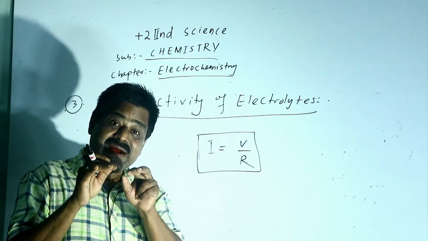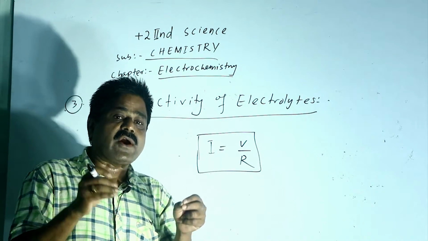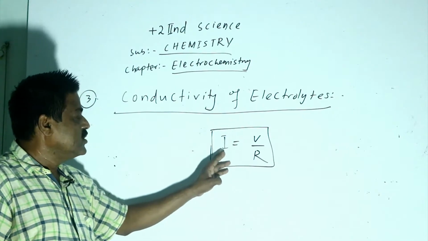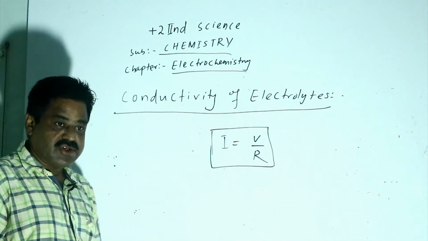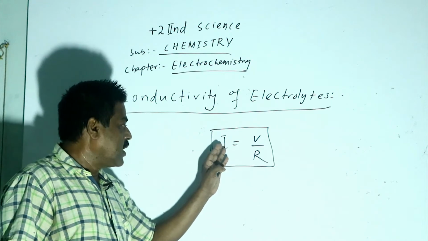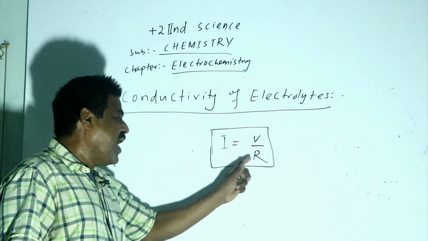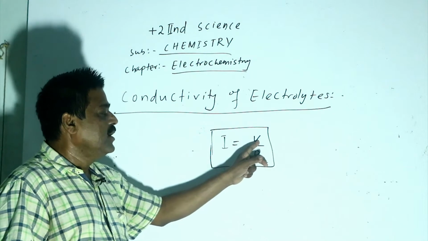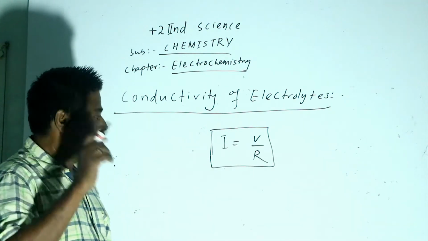Here I is the current strength, measured in the unit of ampere, R is measured in the unit of ohm, and V is the potential difference, that is in volt.